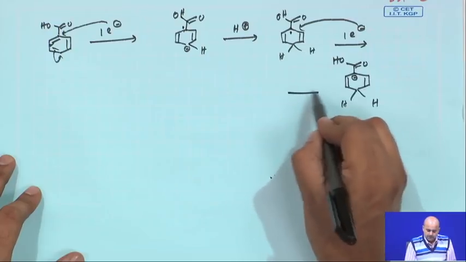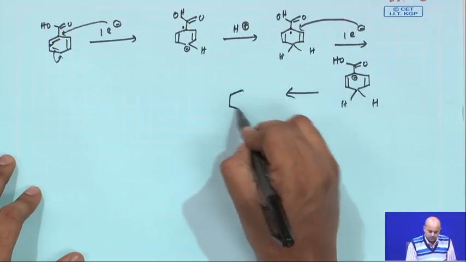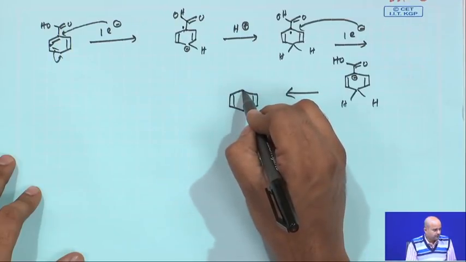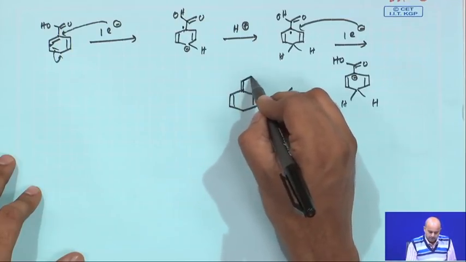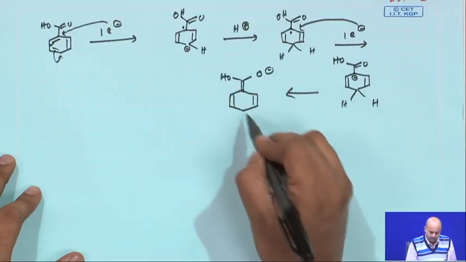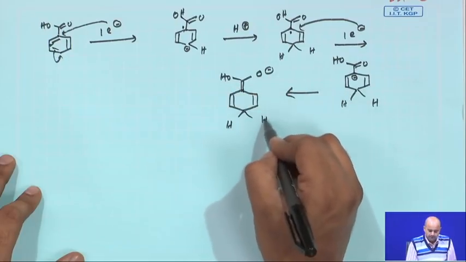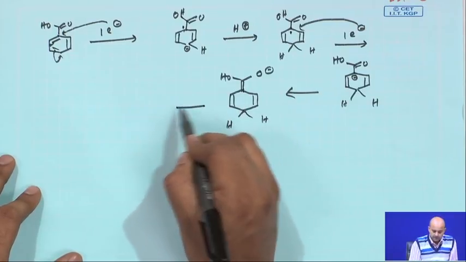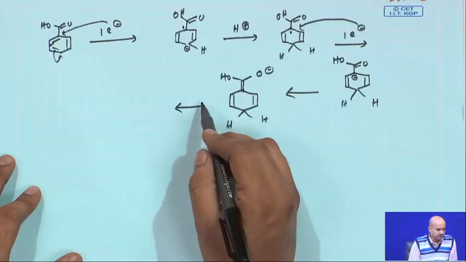Now, this negative charge is highly stabilized through the resonance of this corresponding carboxylic acid, which we all know. And this is the main reason when you have an electron withdrawing group, it can do this kind of regiochemistry.